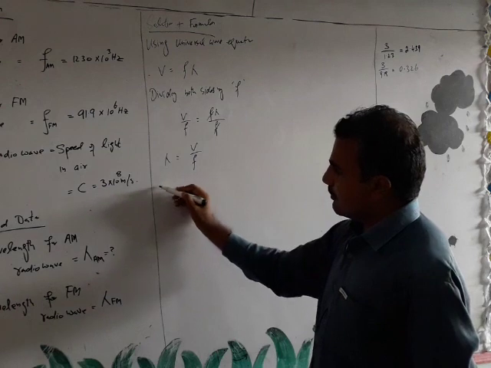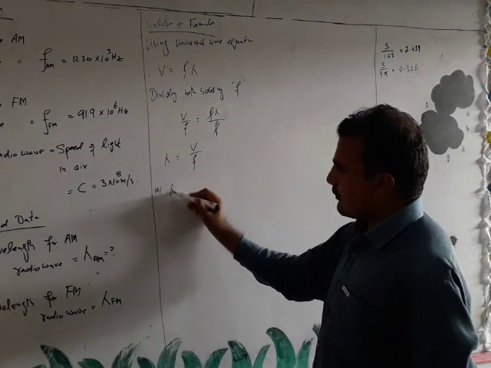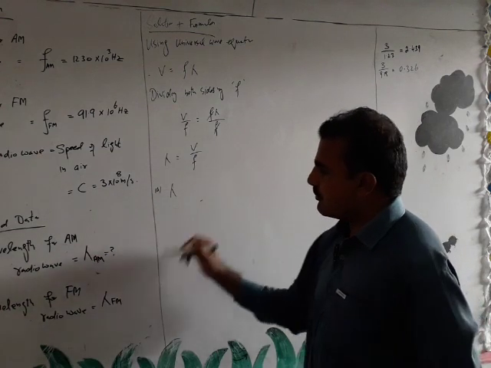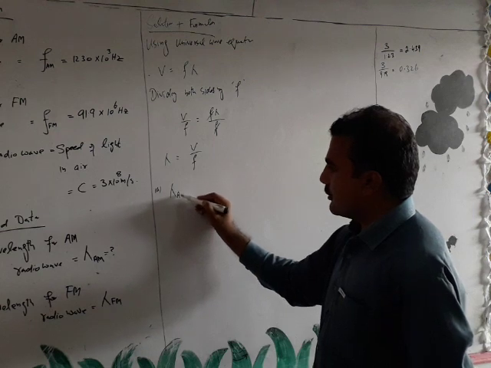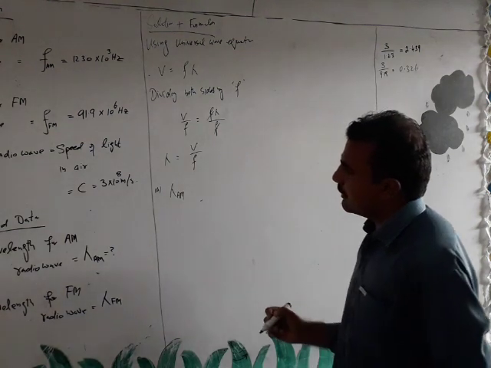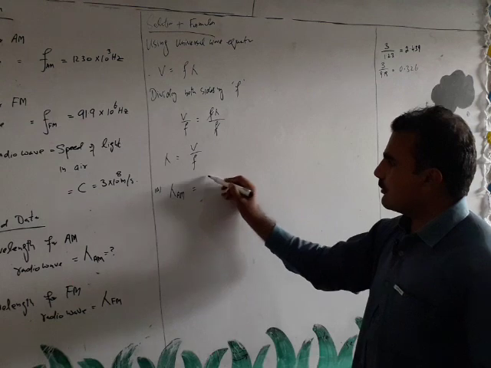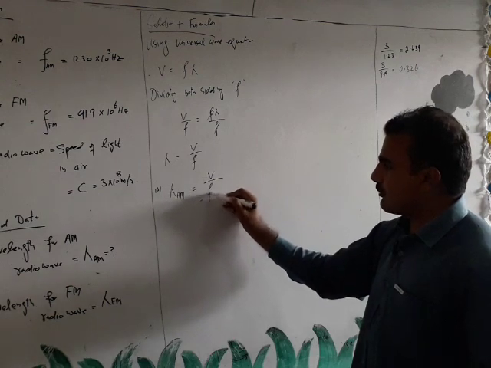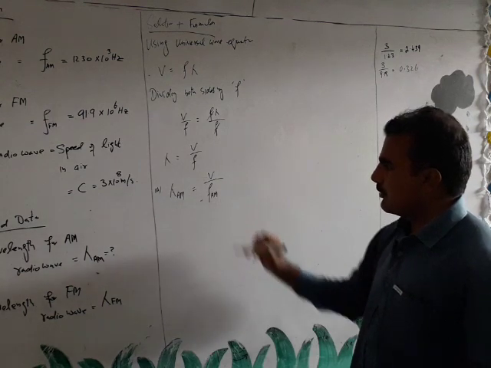So in first part A, I have to find the wavelength for the AM radio wave. I will write it with subscript AM and it will become V divided by frequency of AM radio wave.